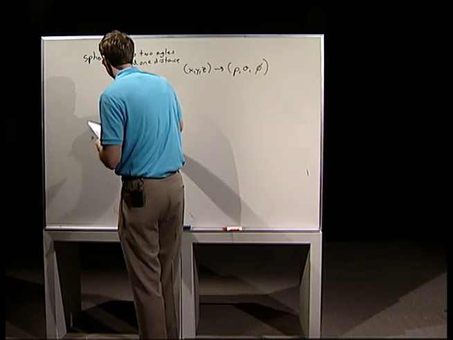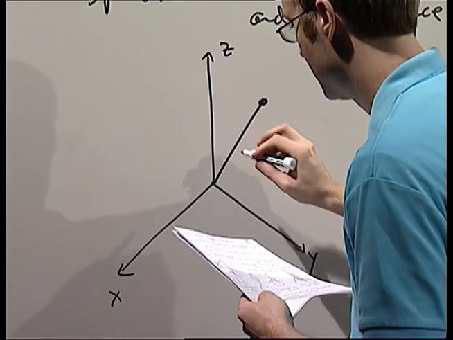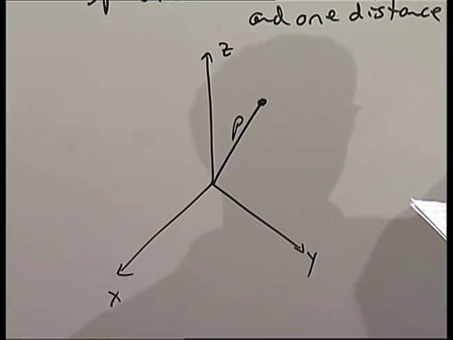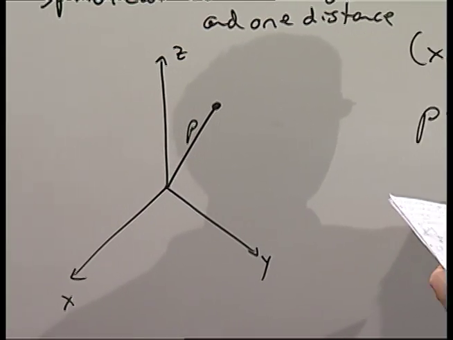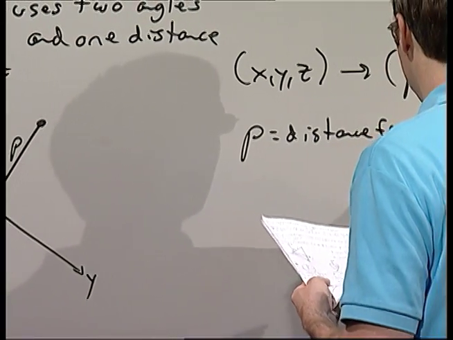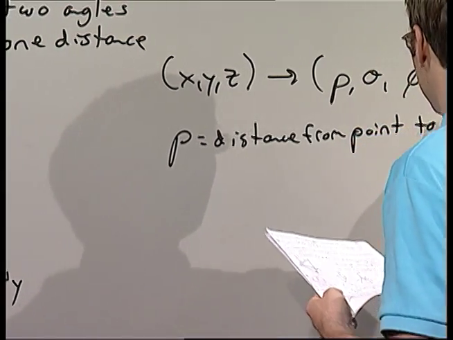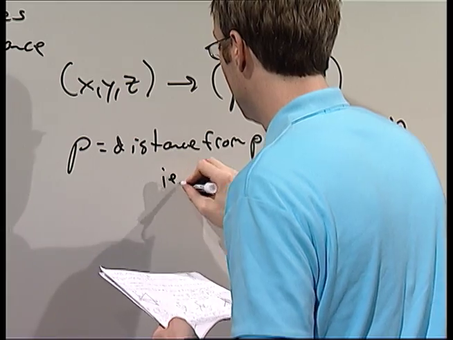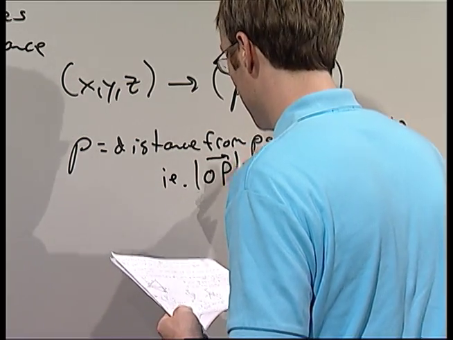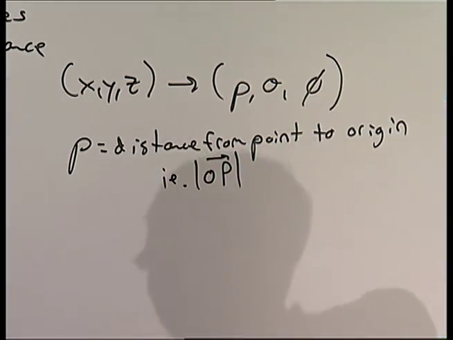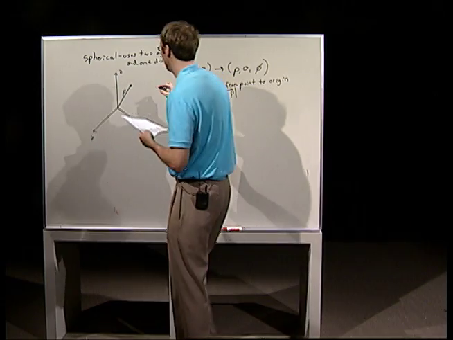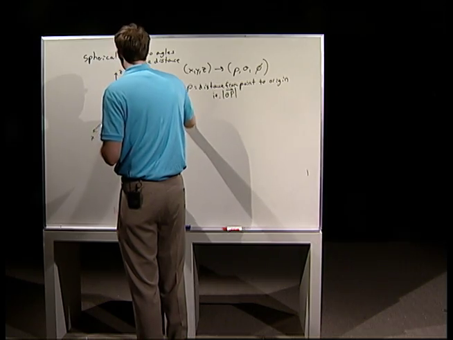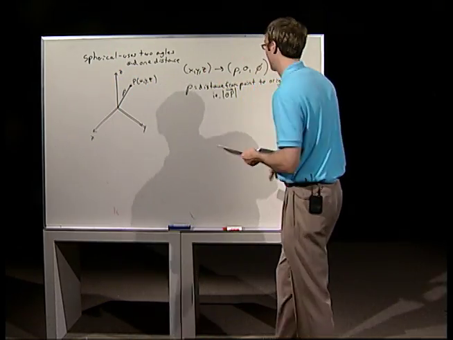So there is rho. So rho is just the distance from the point to the origin, that is to say, vector OP's length. If this is point P up here, this is P, x, y, z, right? Vector length from the origin. It's the length of that vector.